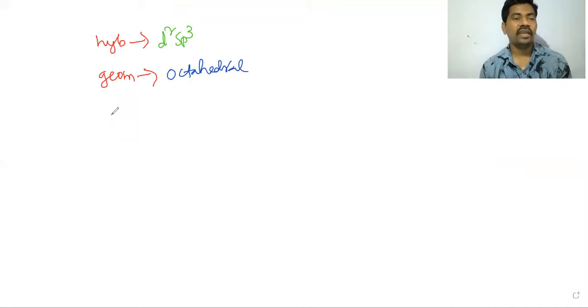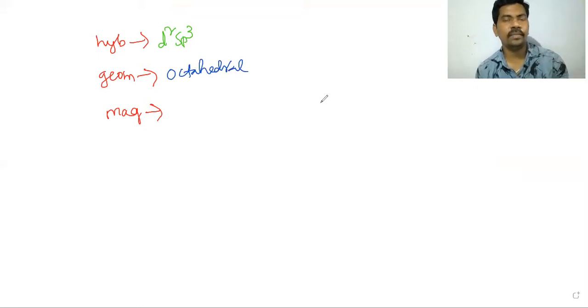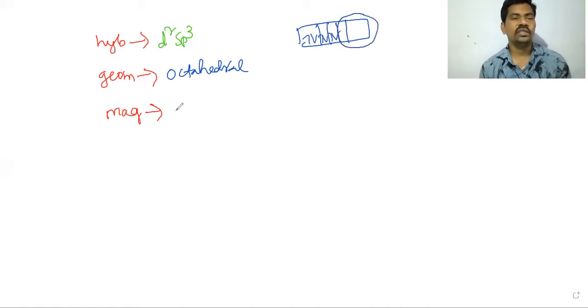And the magnetic nature is very important. Here there are no unpaired electrons, because in the presence of a strong field ligand the electrons get paired. In the 3d level, all 6 electrons are paired. So it is a diamagnetic substance, not paramagnetic.